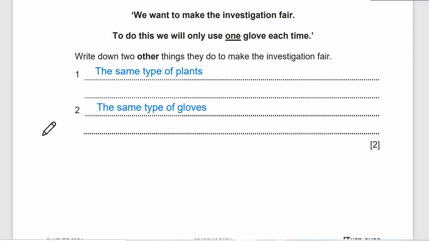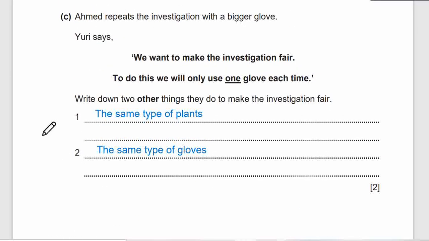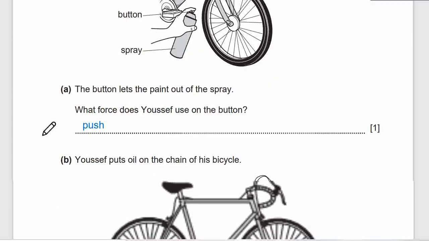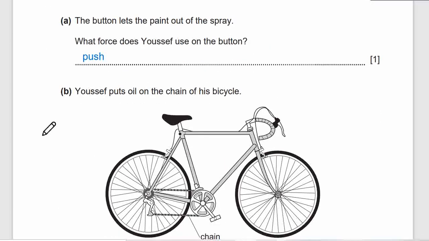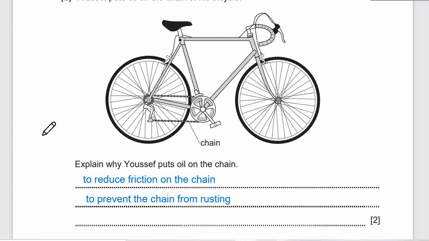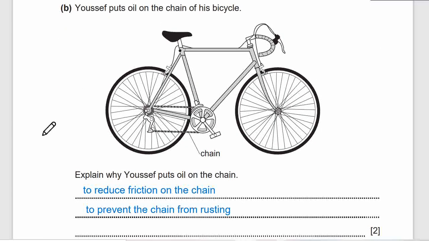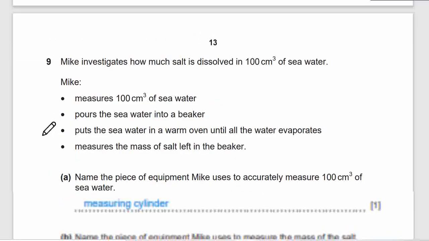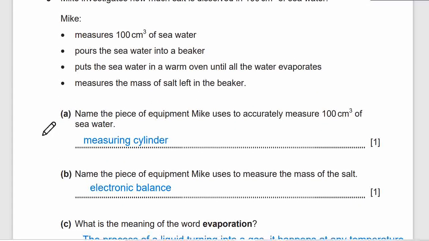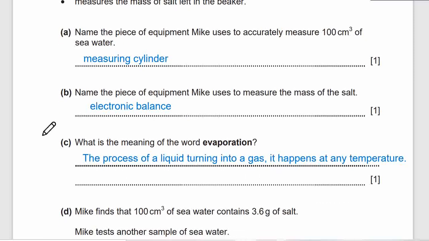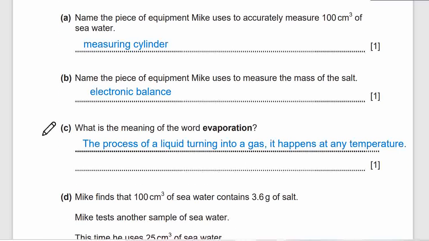This is question 7C. Let's move on to question 8A. This is question 8B. And this is question 9 A, B and C, and also D.